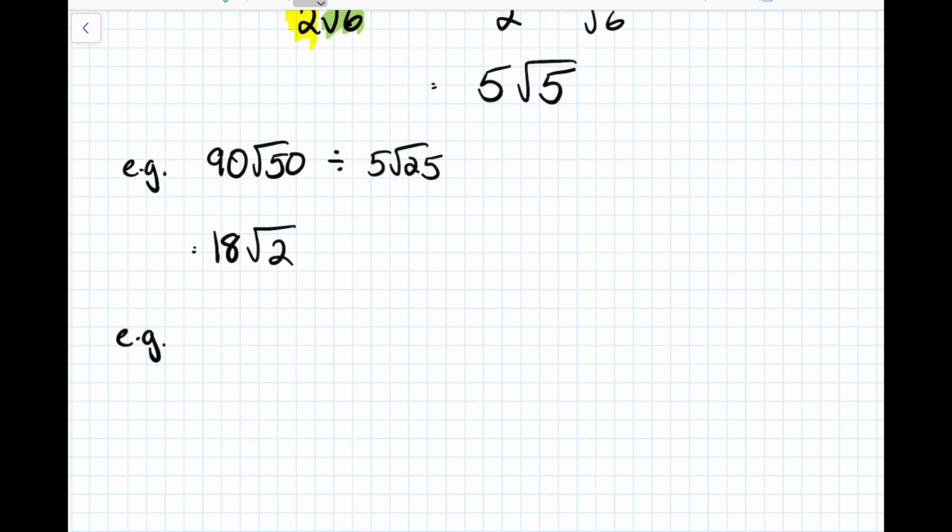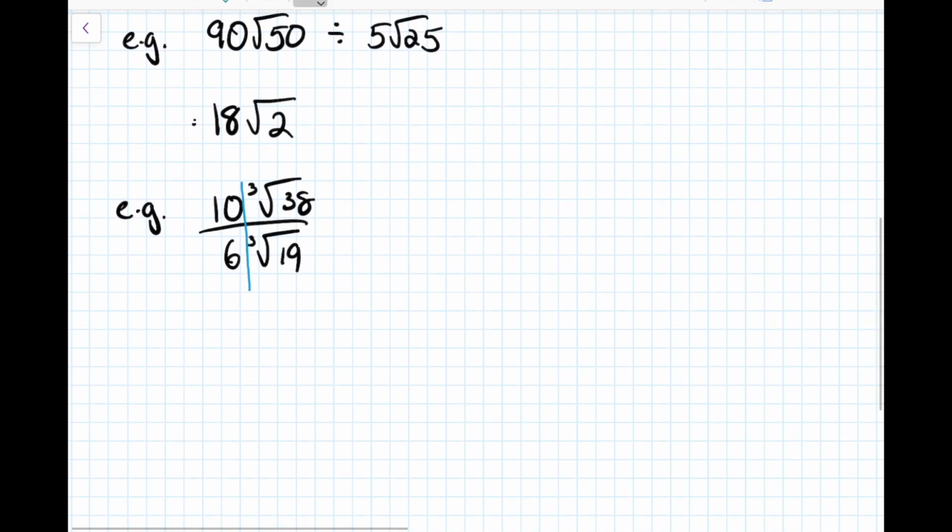Okay, but what if things don't divide neatly? Let's say we had 10 cube root 38 over 6 cube root 19. Again, I'm going to split these up and think of them separately. The cube root 38 and the cube root 19 work cleanly, right? 38 divided by 19 is 2, but 10 is not divisible by 6.